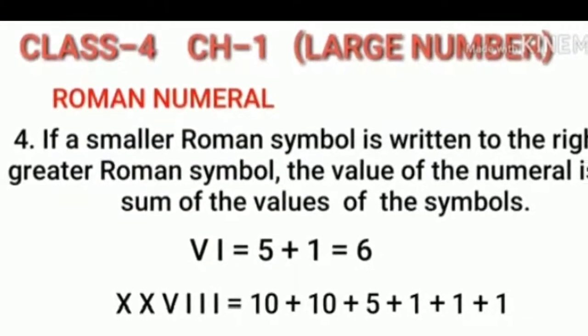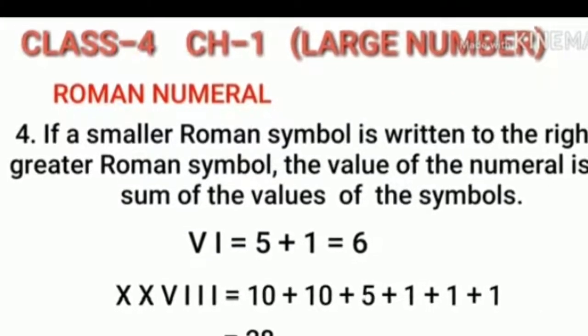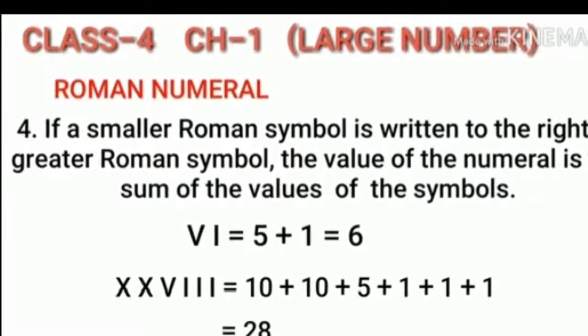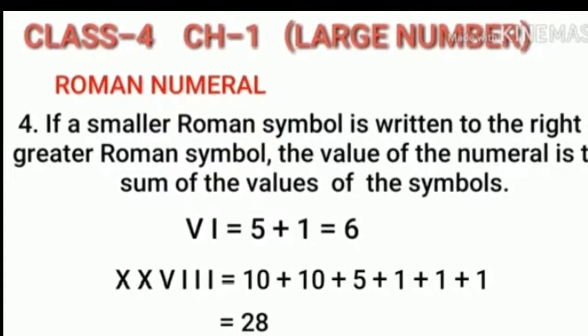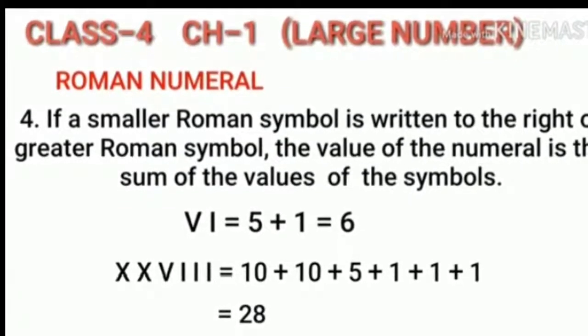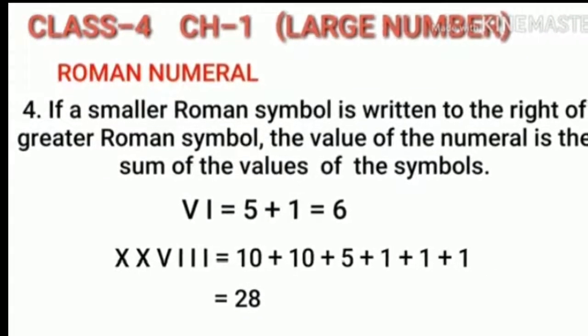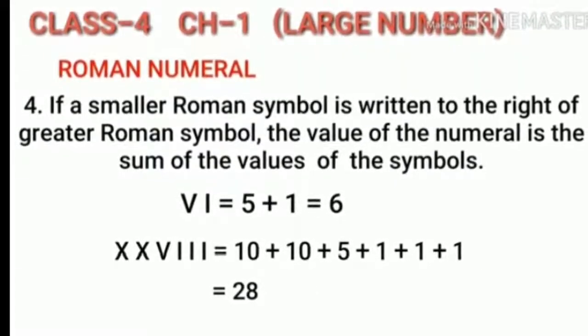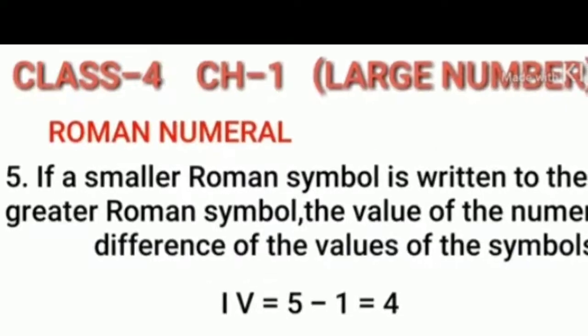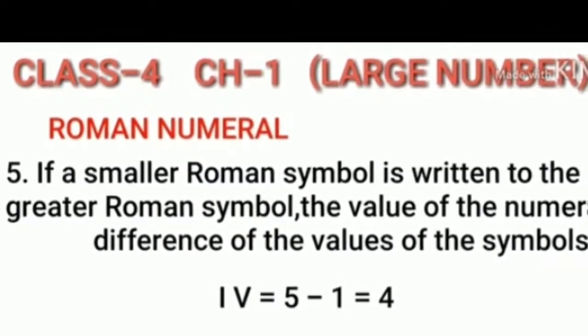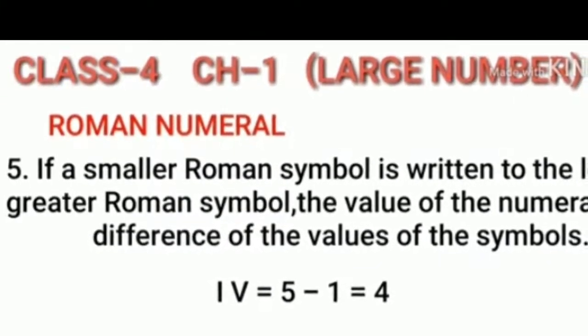For example, 6 is written as VI, that is 5 plus 1. Similarly, 28 is written as XXVIII, which means 10 plus 10 plus 5 plus 1 plus 1 plus 1, that is 28.